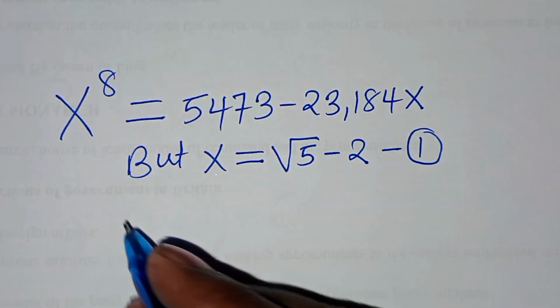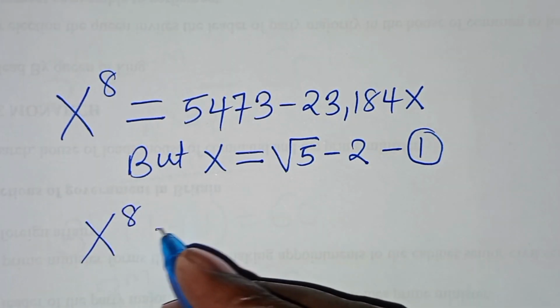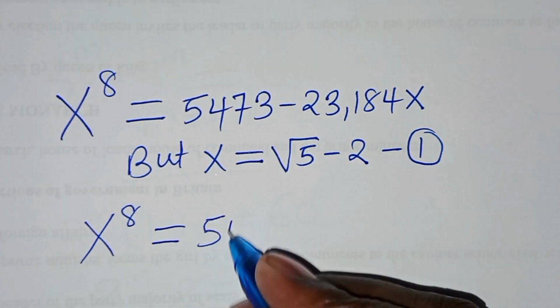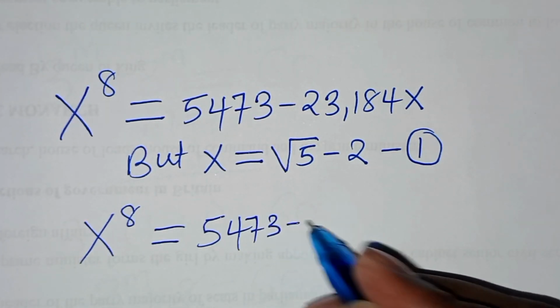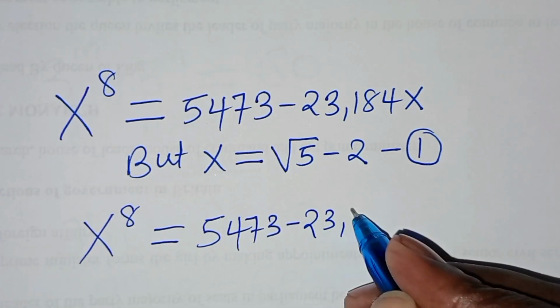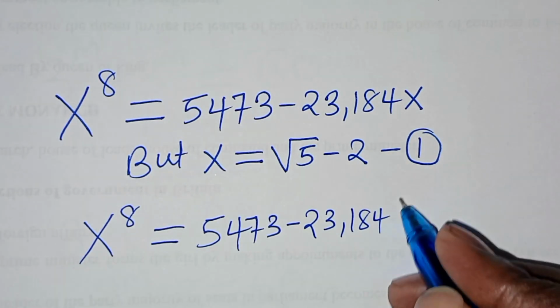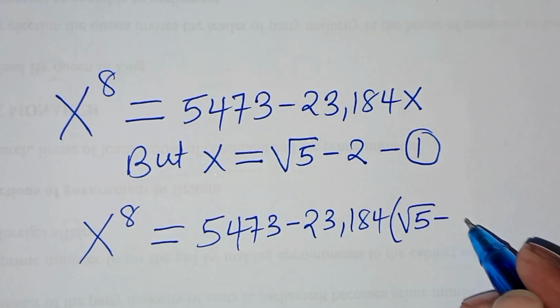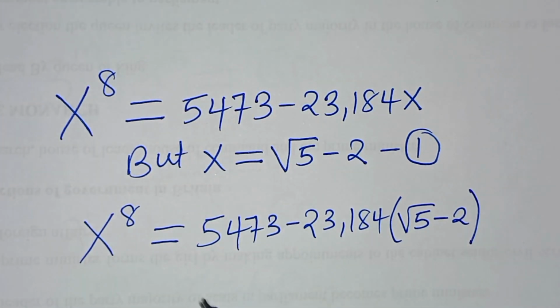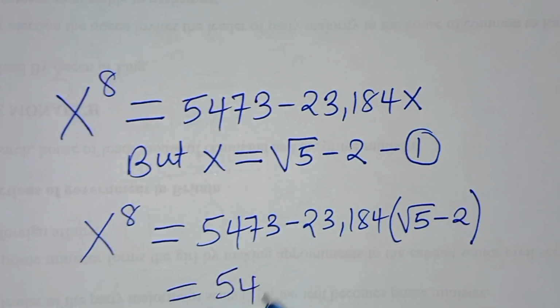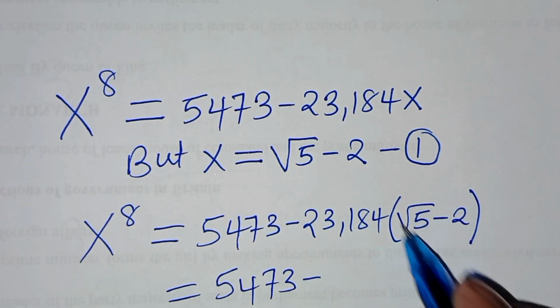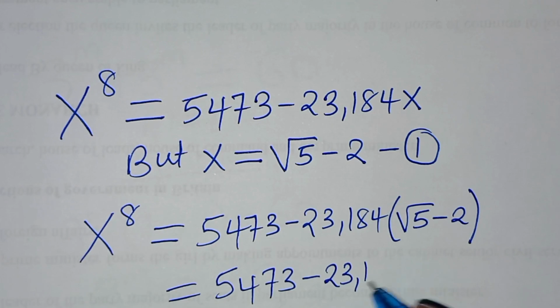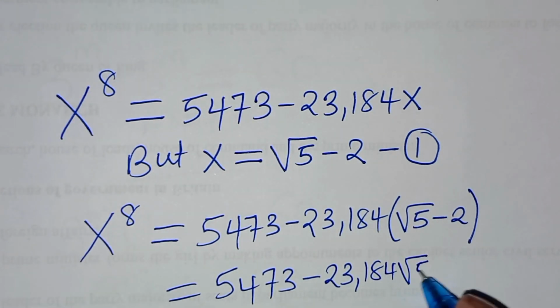So let's substitute this. So x to the power 8 is equal to 5473 subtract 23,184 multiplied by x, which is the square root of 5 subtract 2. So this is the same thing as 5473 subtract 23,184 square root of 5.